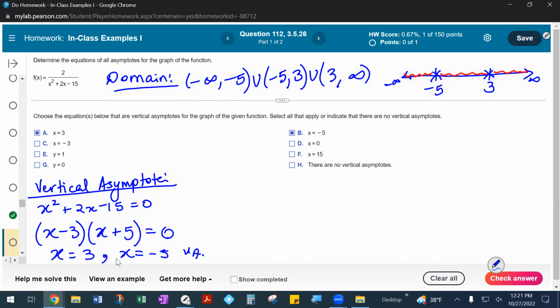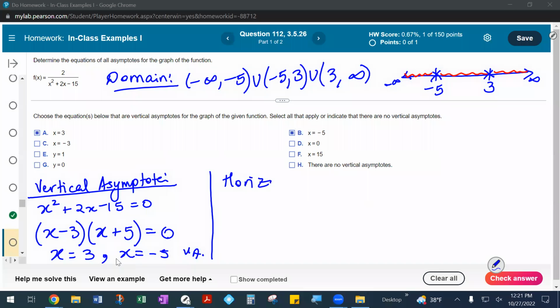And we haven't talked about oblique asymptotes, but we will here in a minute. But let's do the horizontal next. So looking at the type of expression it is, what do you think our horizontal asymptote would be? And Della, those answers look good, very nice.